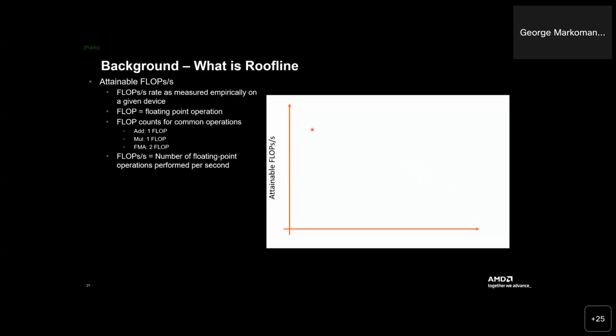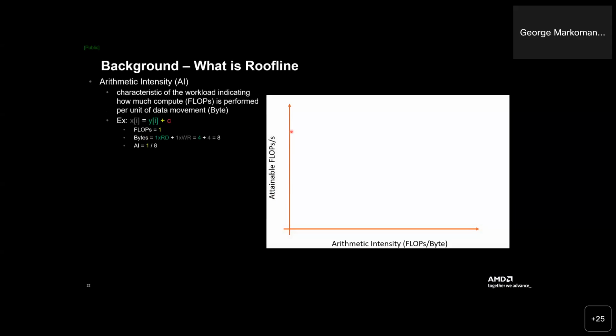So we have this plot, okay? Attainable flops per second, which means achievable. I suppose you know what a flop is, the number of floating point operations performed per second. Add is one flop, multiplication one flop, FMA two flops. And we have this example, right? x[i] = y[i] + c. It has one flop, okay?